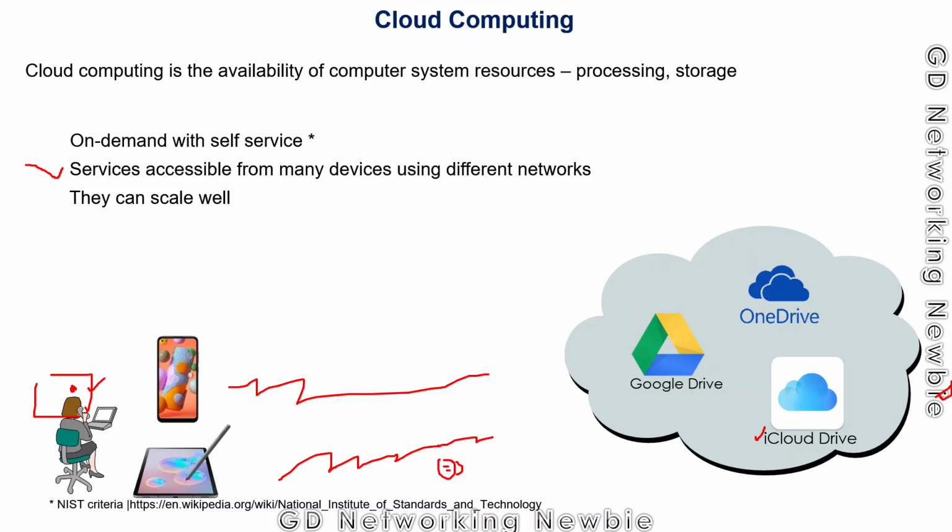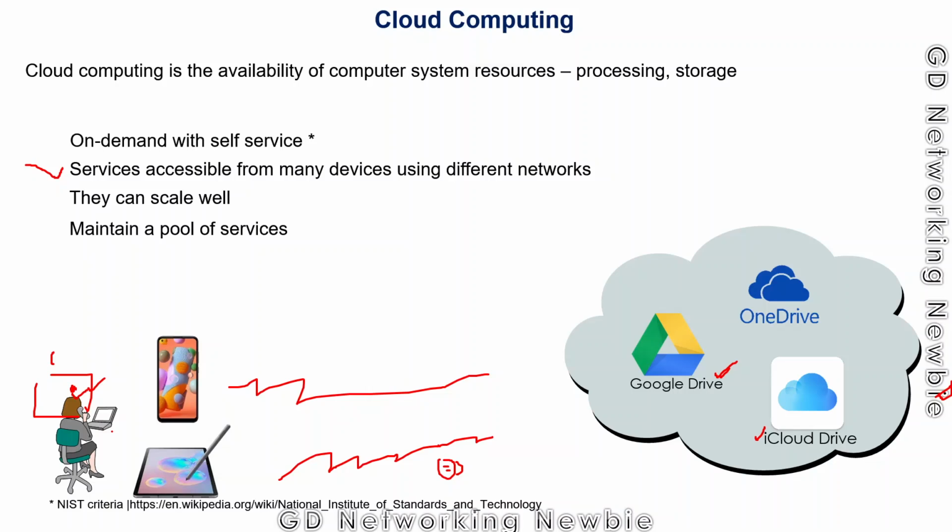Scaling well means if the user demands more services, maybe some more RAM or processing, then in the future, if the user needs some more services, the cloud service provider should have enough resources to fulfill the requirement of this user.